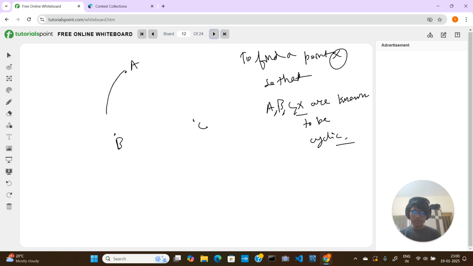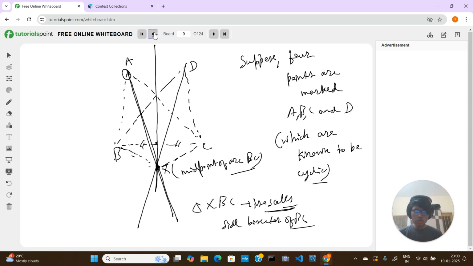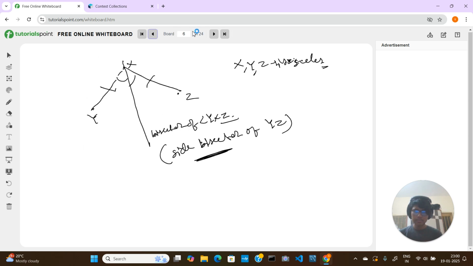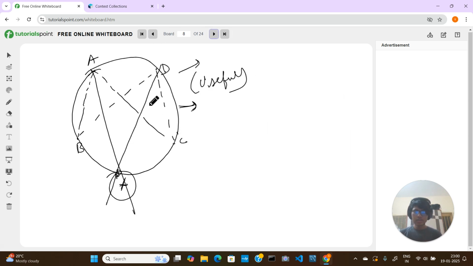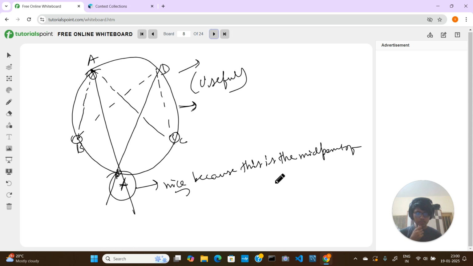So in the circumcircle of triangle ABC, what are nice points that you can get related to the angle bisectors? Let's just go back to our diagram. In this diagram, in the circumcircle of ABCD, what are the nice points that you can see? This point X is nice because this is the midpoint of arc BC.